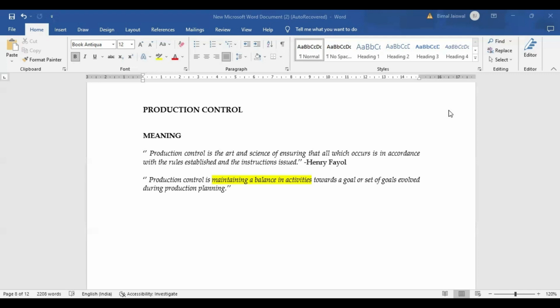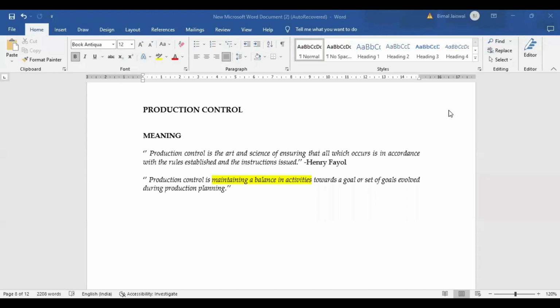While we were discussing production planning, we discussed the various activities in front of the manager where planning is required, meaning peeping into the future, trying to forecast, trying to predict. And as per the goal and the objective set, the activities were supposed to be scheduled.